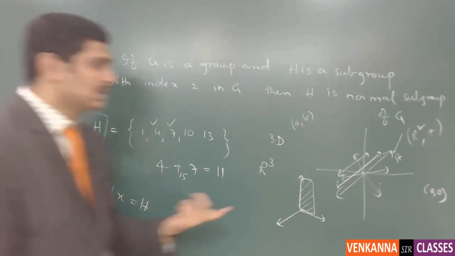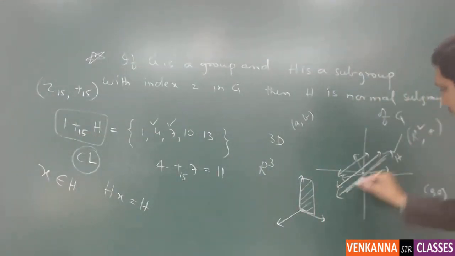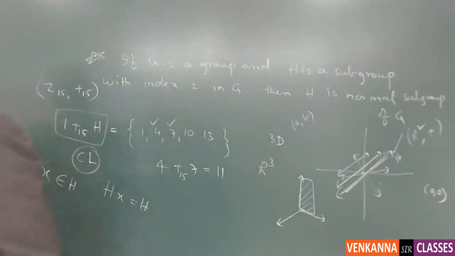It is nothing but the perspective where you draw the line overlappingly like this, because the same coset is nothing but the group itself. Okay? Right. Any other questions or doubts?